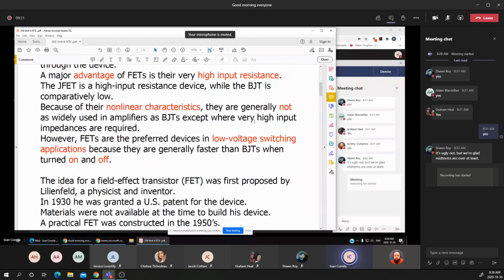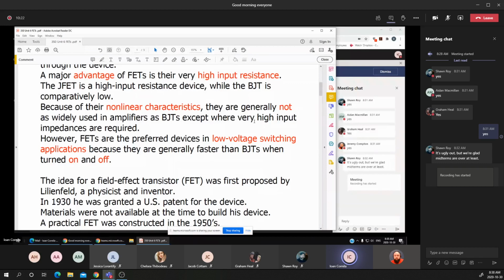It has a non-linear characteristic, and that's why we are not seeing too many FETs used as amplifiers. Remember that an amplifier has to have a linear, or constant, amplification or gain between the two frequencies, the lower cutoff frequency and the upper cutoff frequency.